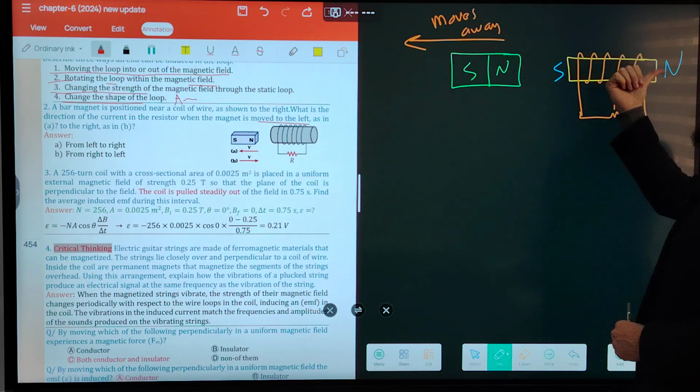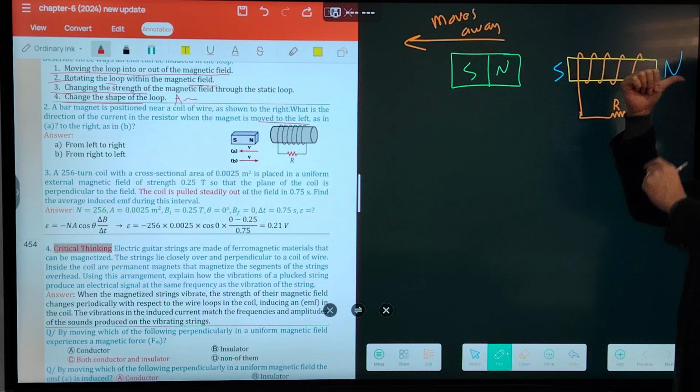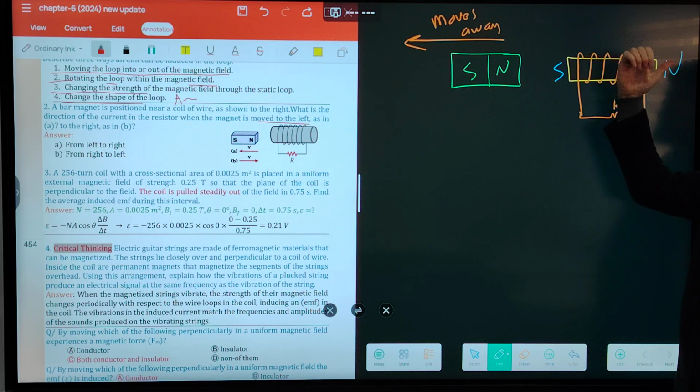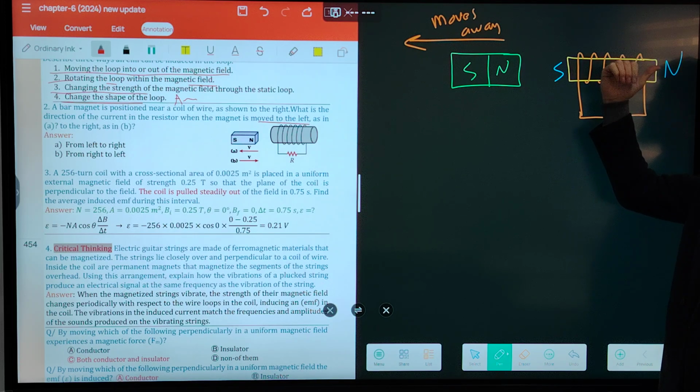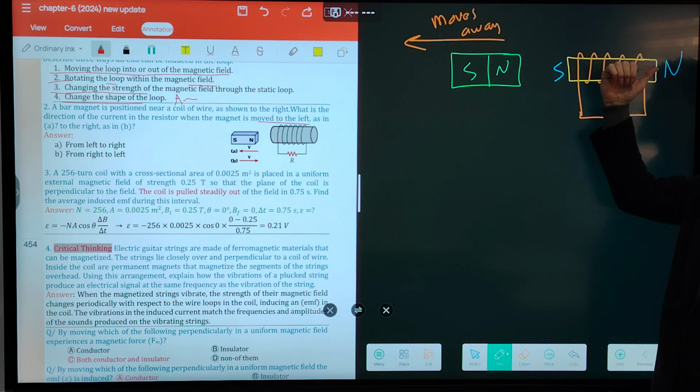The north pole is located here. Put your thumb in the direction of the north pole, and the four fingers are downward above the iron rod. Where is the direction of the current?